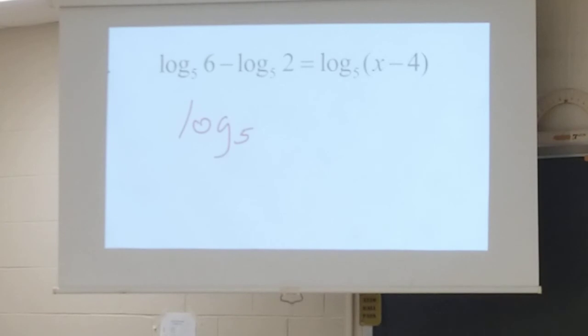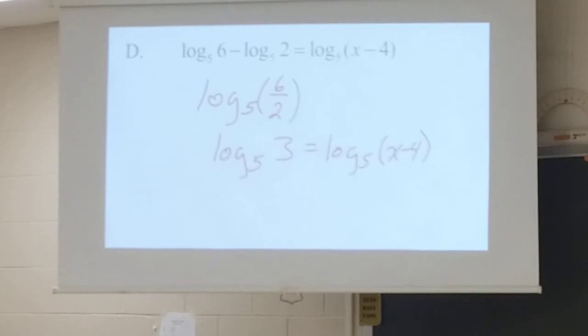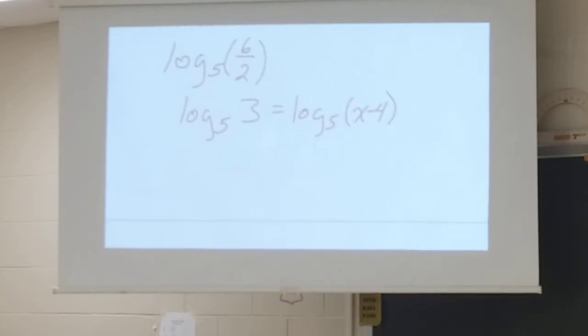So you want to see the subtraction sign, and instead you want to divide. Now, you don't need to show that step if you don't need to. Maybe you're like, that's just going to be 3. So if you would like to skip right down to the log of 3, you can, but again, you have to divide when you see subtraction.